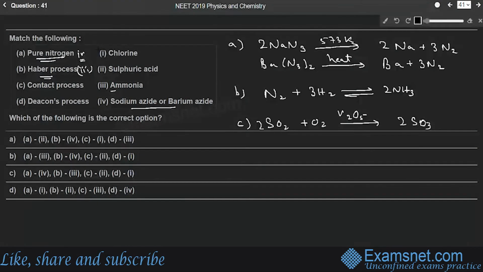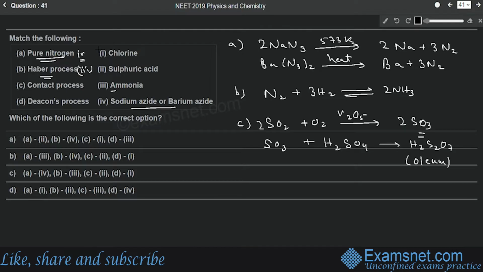So this is the first step, and then this sulfur trioxide is absorbed in concentrated sulfuric acid to give us H2S2O7, that is oleum.